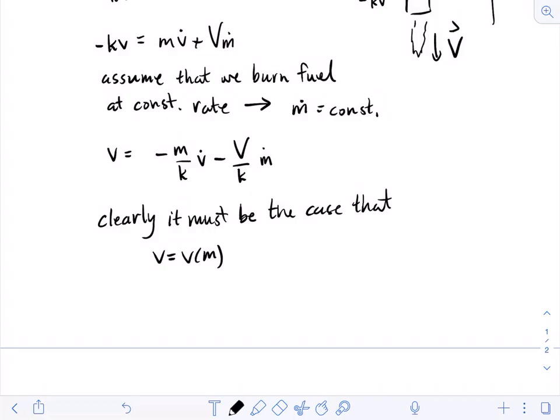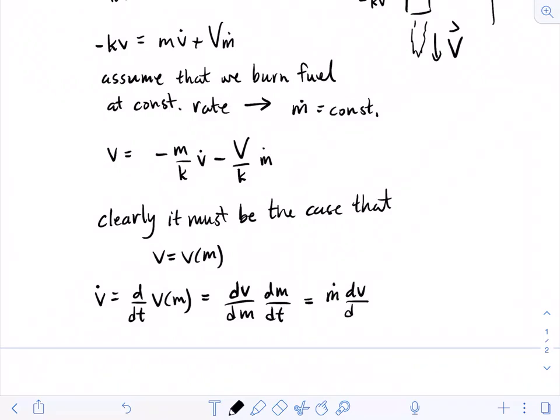Okay, so then what we have is v dot is d by dt of v, which is a function of mass, and by chain rule, that's equivalent to dv dm times dm dt, which is just m dot dv dm.